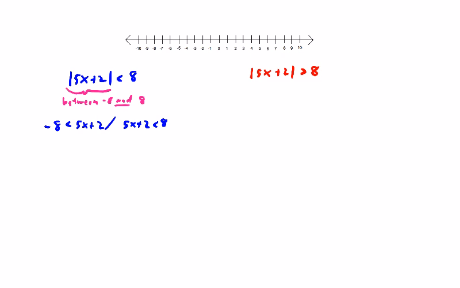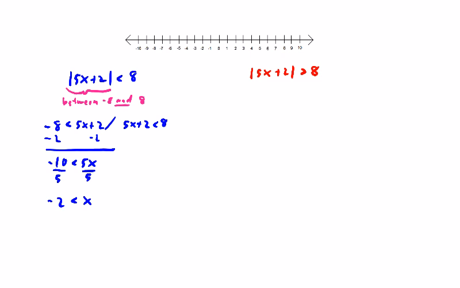Let's continue. In order to solve the left-hand side of this, we would probably want to subtract 2 from both sides. And when we do that, we have negative 10 must be less than 5x. Divide both sides by 5, and negative 2 must be less than x.